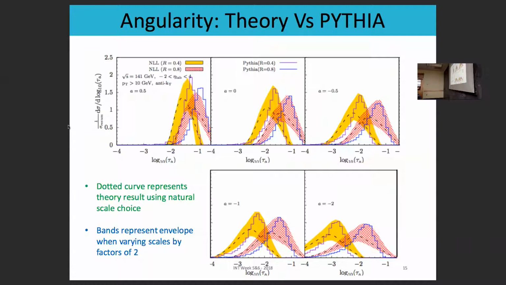I mean, the detailed comparison between what goes into theory and what goes into PYTHIA. So when you say theory, what do you mean? So what is this? I guess a fixed order.